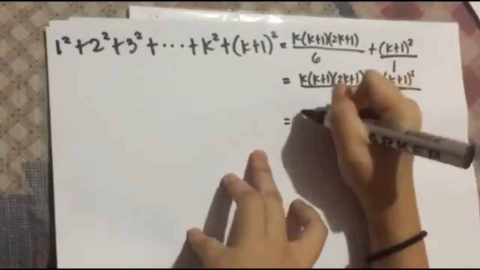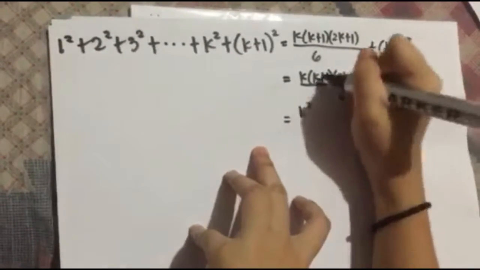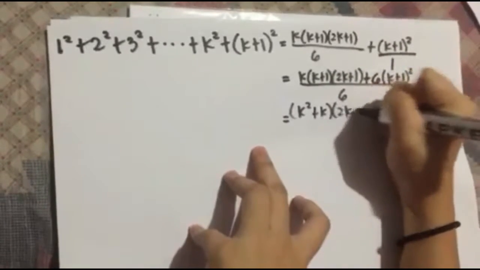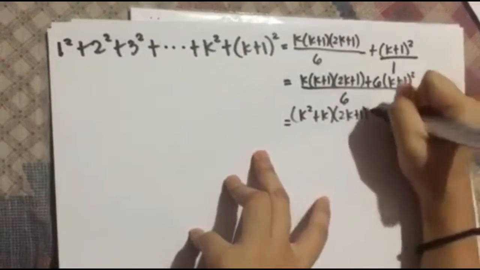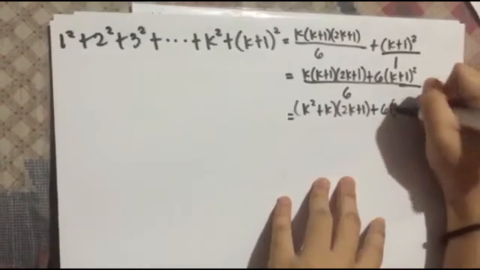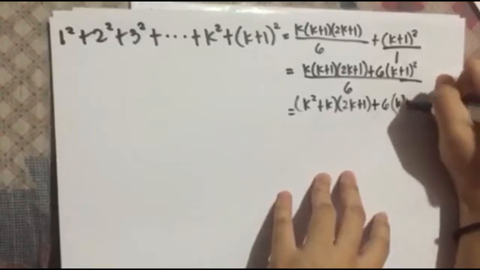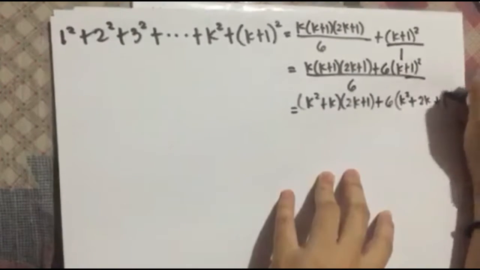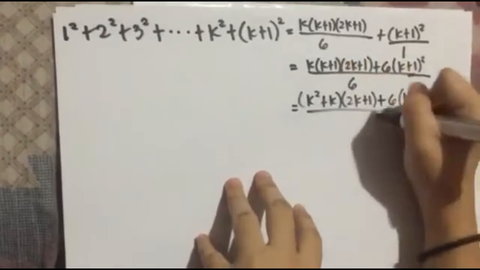Then multiply, it becomes k squared plus k times 2k plus 1 plus 6, expand, k squared plus 2k plus 1, over 6.